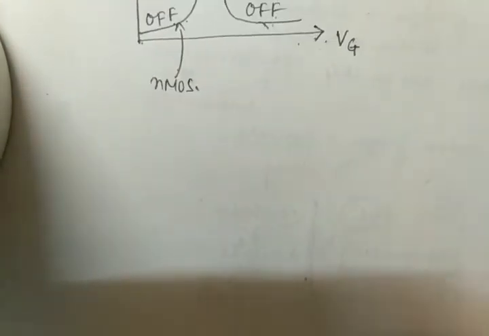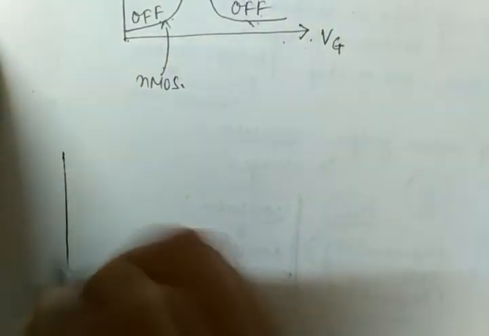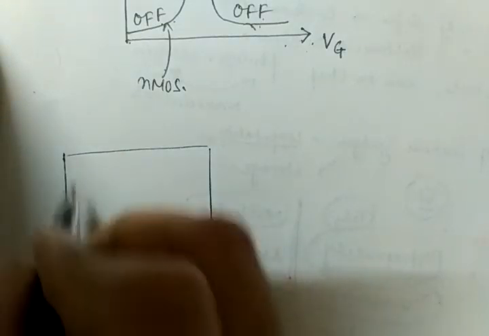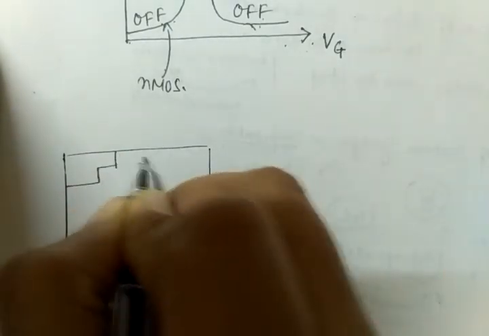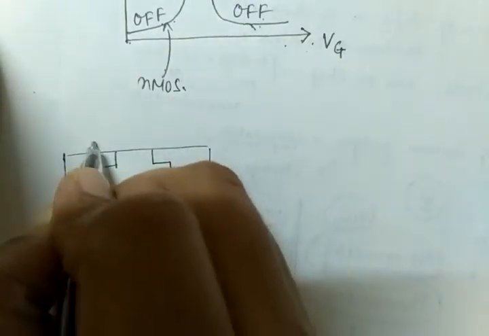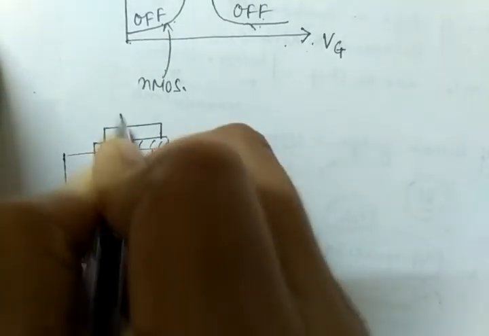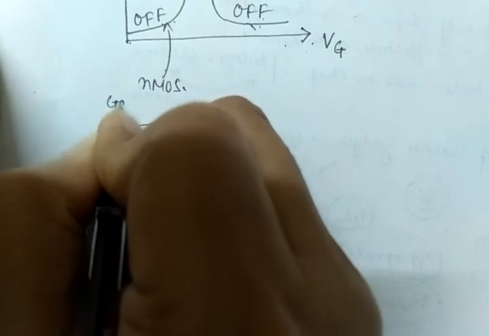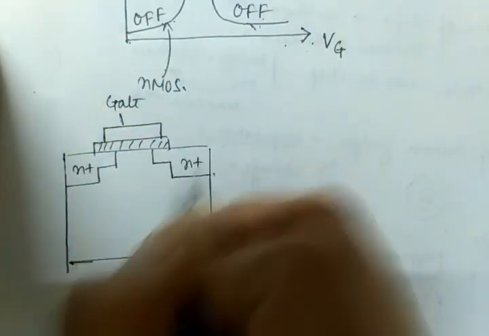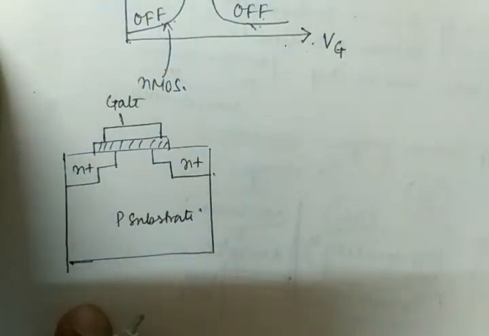So microelectronics domain means, if we see the pictorial representation, we were in this kind of region. This is the oxide layer. What kind of MOSFET is this?